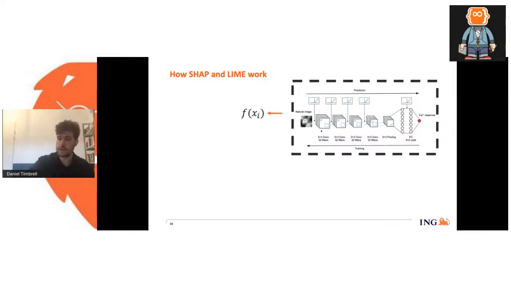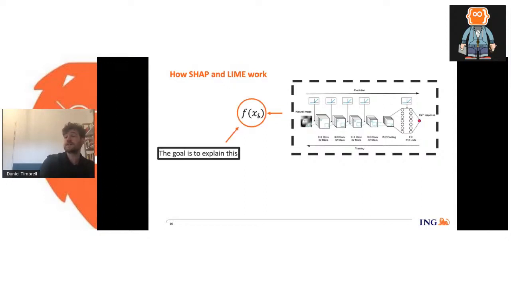So your goal is to describe this f of x, where x is, of course, your underlying data sets, your images in this case. And so essentially, your goal here is to explain this function. Now, recently there's become more and more popular packages such as SHAP and LIME, which are used to explain this.